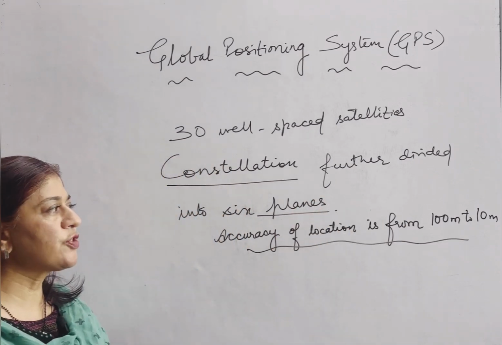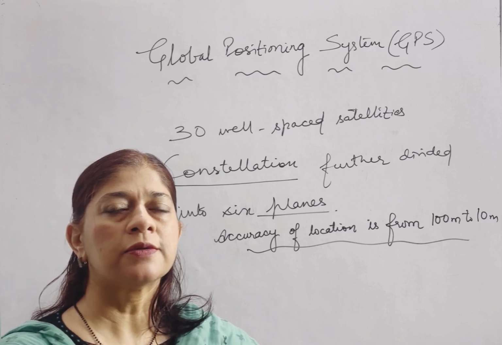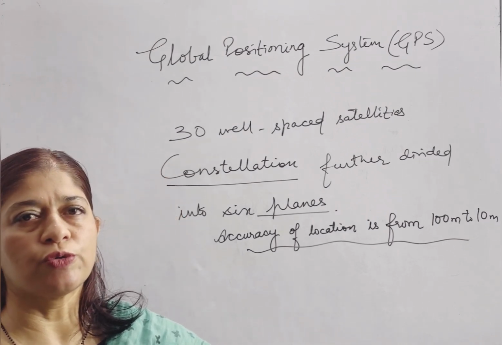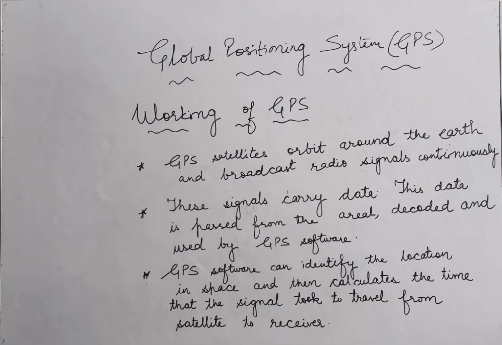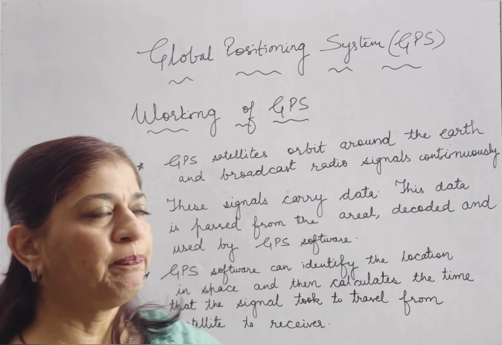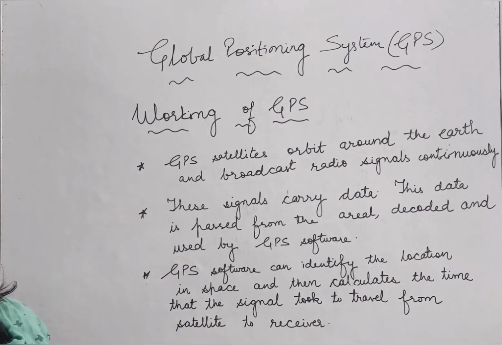Earlier, this GPS system was followed by the US defense system, but now it is commercially also used around the earth. Now we are going to talk about the working of GPS system, simplified into steps.